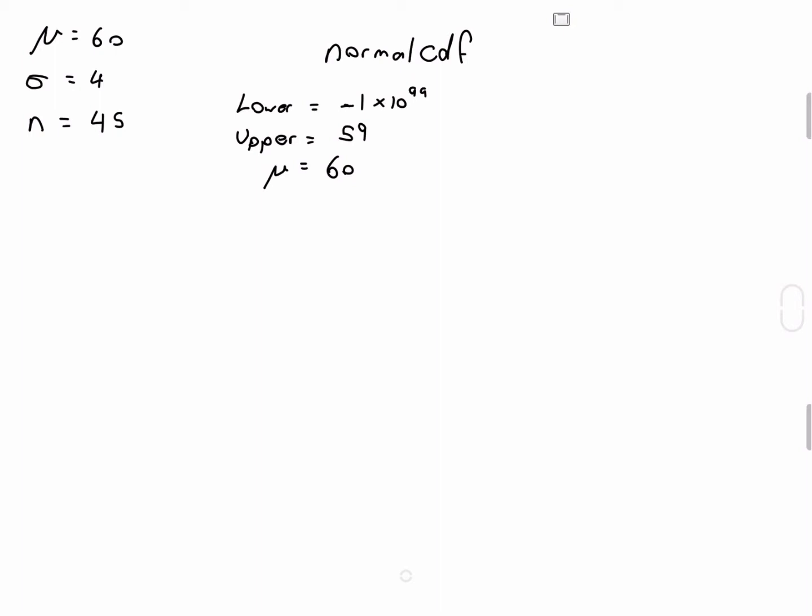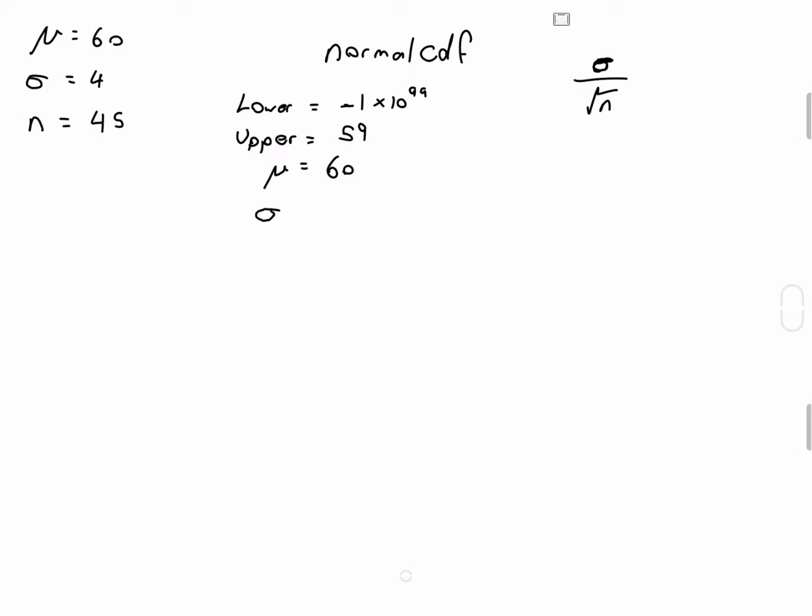We've got to use the standard deviation of sampling means, which we spoke about in the last video. And we know that this is the standard deviation divided by the square root of n. And we can just plug this straight into the calculator.